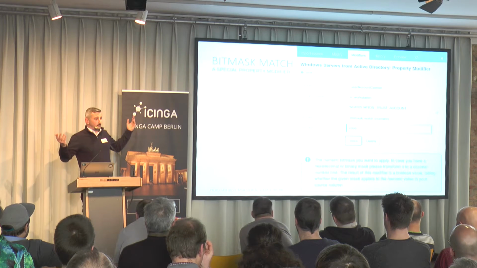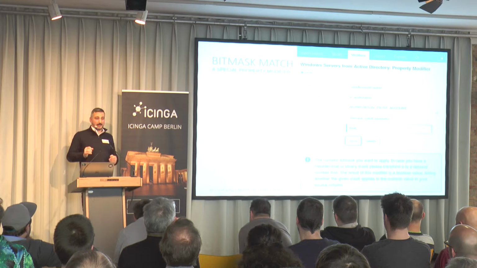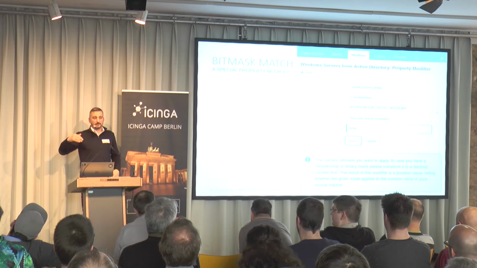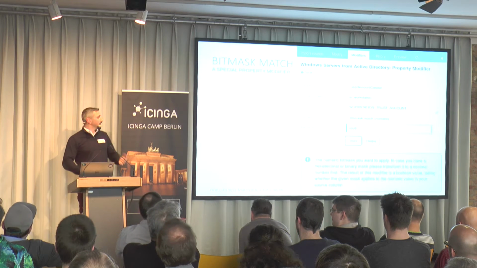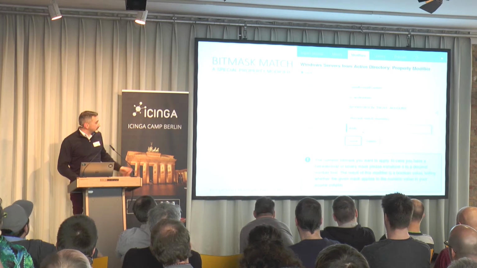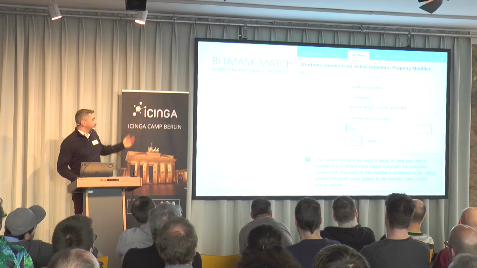I don't know, 128 doesn't mean account disabled, but the bit 100 at that position means that it's disabled. For example, if you combine it with other flags, then just checking the number doesn't work. You have to do a bit mask, and that's what the bit mask match operator does. And you just tell it which position to look at and give it a description, and that's it.